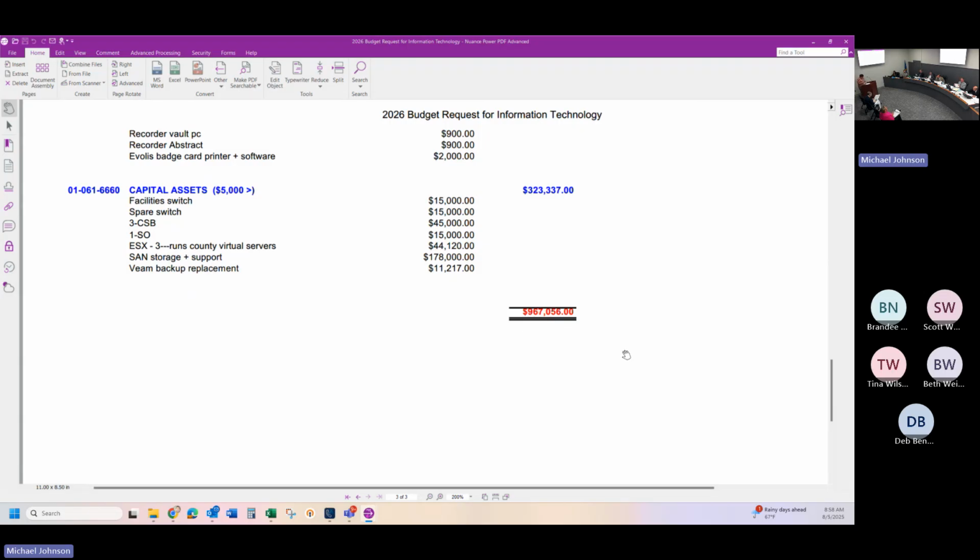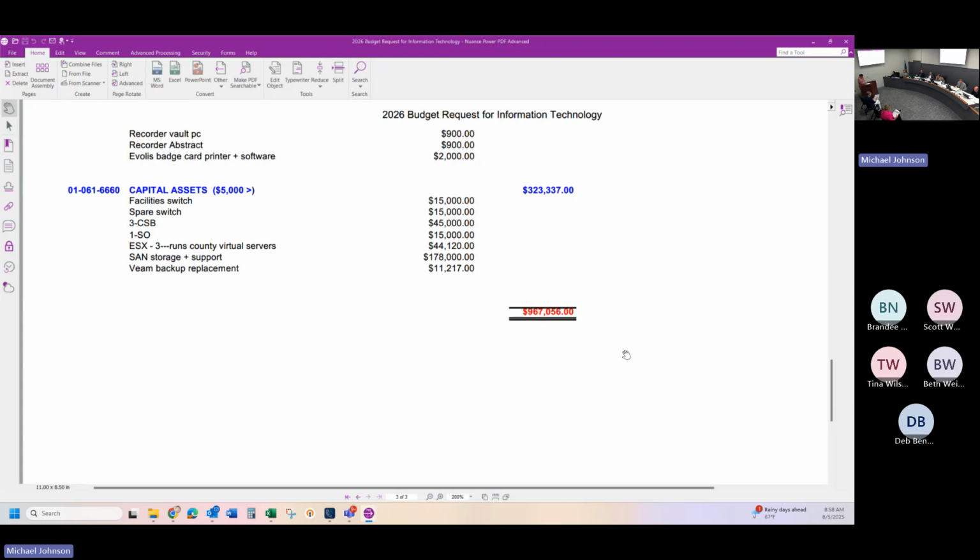And then the last one, the big one, that's the capital assets, which has really increased a lot lately, but this is our infrastructure, facility switches that we have in every building. We do those on a 5, 6 to 7 year replacement.